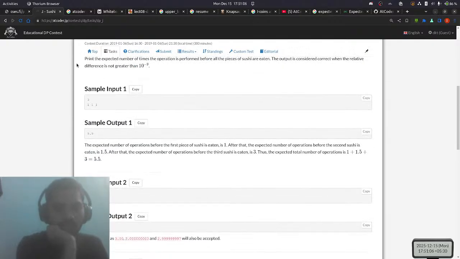Let's look at some of the sample outputs. Okay, here we have the answer is 5.5, and the explanation given is that they have added the expected total number of operations for each sushi eaten, and then that was returned as the final output.